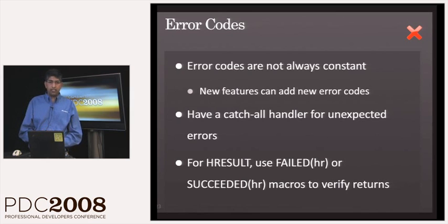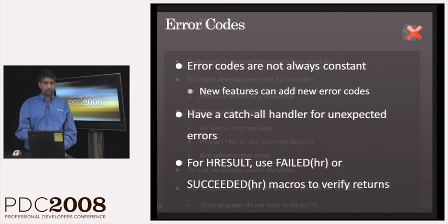So you need to have a catch-all which will allow applications to handle new error codes gracefully. Use the FAILED and SUCCEEDED macros to verify your returns. This seems like very simple guidance, but you'll be surprised to know that there are many applications that don't do that. This is why I want to put this out there so that people know about it and start using it on a more regular basis.